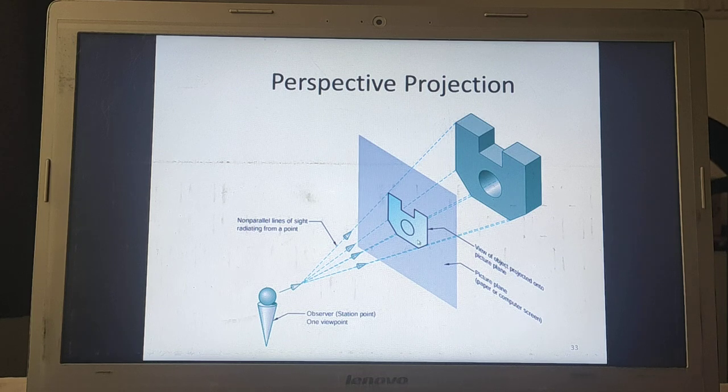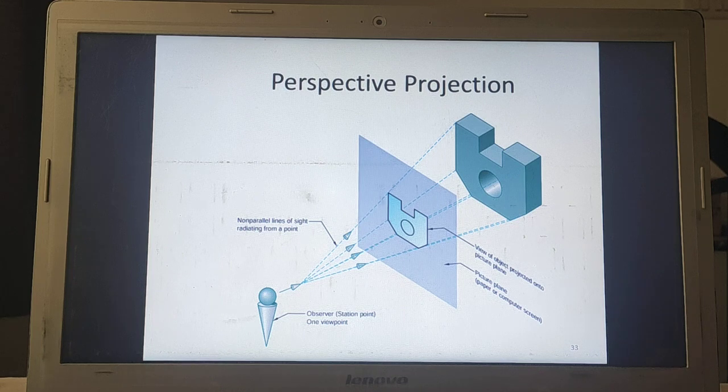So whatever projections we are going to get are not constant. These are relative to the distance of the object, the plane of projection, and the observer's distance. This is the reason why we are not using perspective projection or perspective view in our normal engineering drawing.